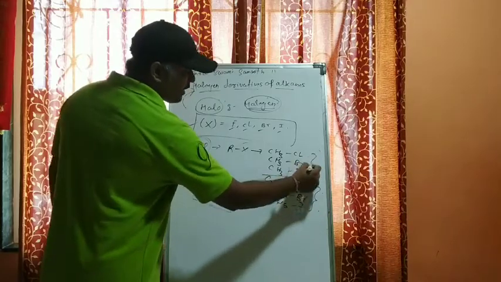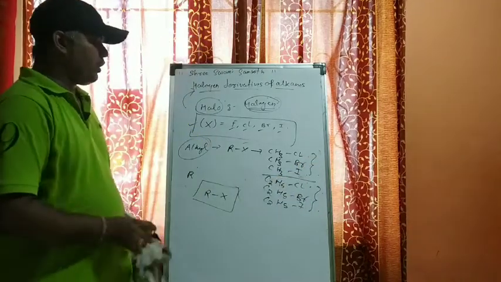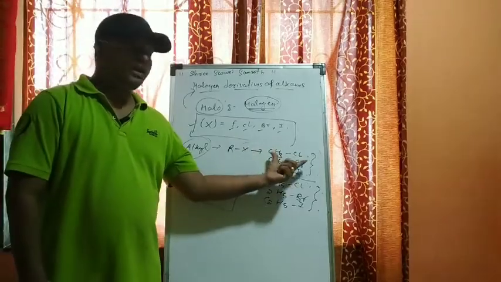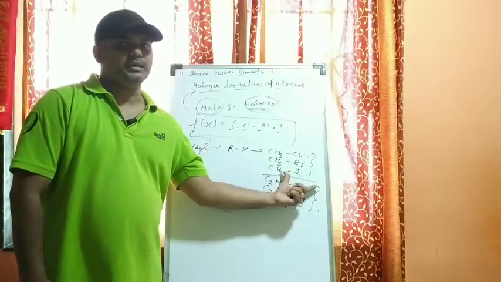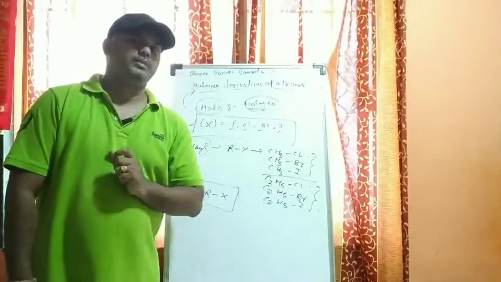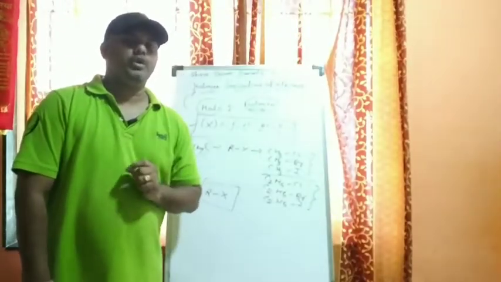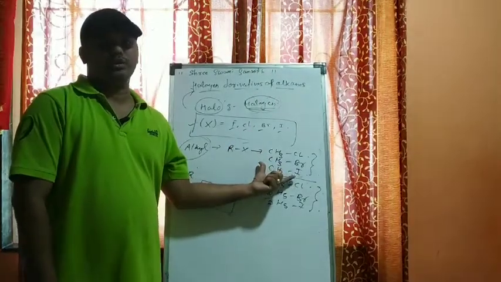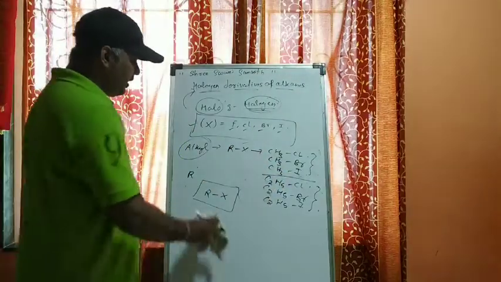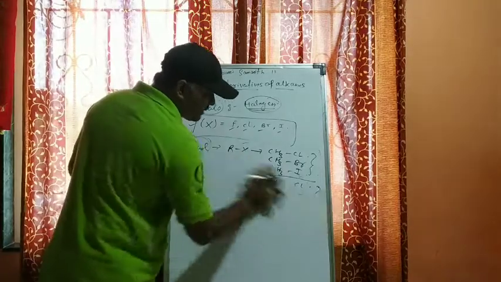These are very important compounds. We are going to study their physical and chemical properties, and their preparation methods are also very important. In the board exam, most of the time questions are asked on these alkyl halides. I hope that you are understanding, my dear students.